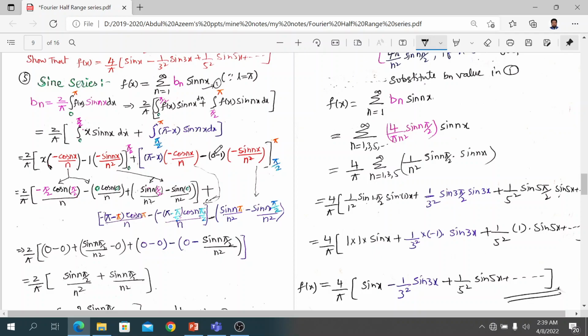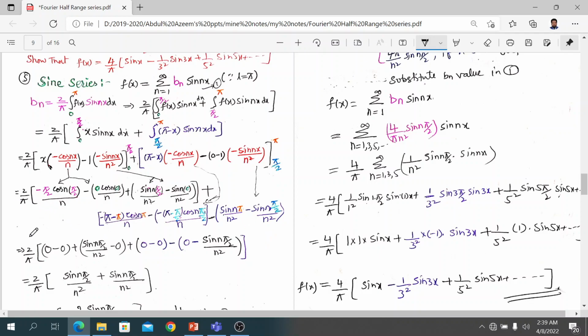Minus the lower limit: pi minus pi by 2 cos n pi by 2 by n, minus sin n pi by 2 by n square.